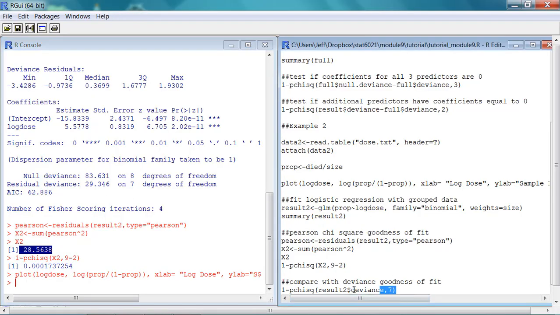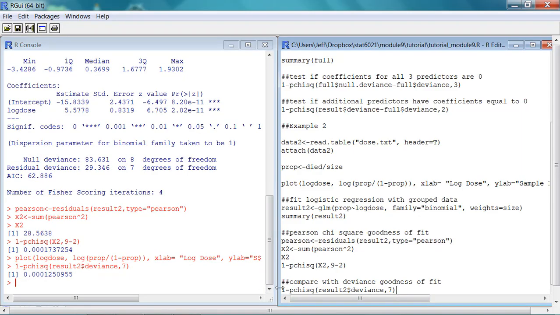I'm going to run the goodness of fit test using the residual deviance. The test statistics are pretty close and the p-values are pretty close. So with this data set, the goodness of fit test tells us that our usual logistic regression model doesn't fit well.